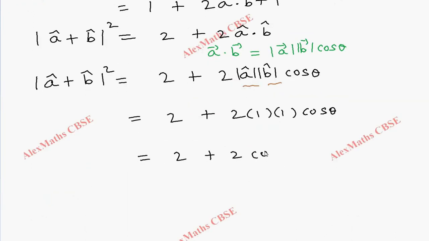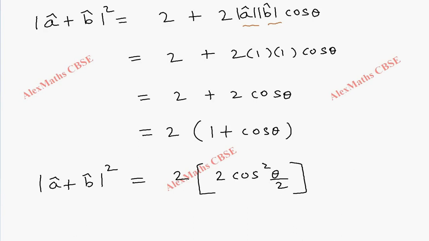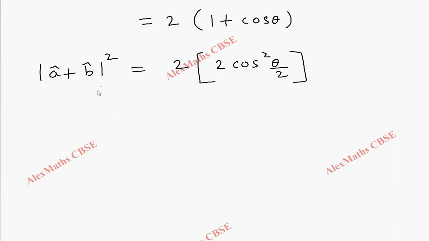Anyway, the last term is only 2 cos theta. Now 2 can be taken out common. This becomes 1 plus cos theta. And finally, left hand side we have a cap plus b cap magnitude whole square is equal to 2 into, we are going to apply the trigonometric formula for this. 1 plus cos theta is 2 cos square theta by 2, and when we remove the square, this becomes magnitude of a cap plus b cap equal to, here we have 2 into 2, 4.